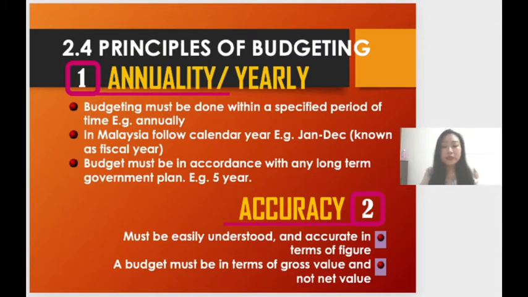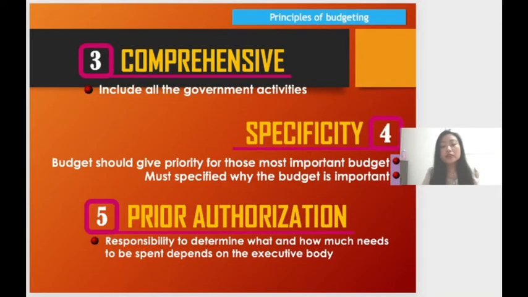And then the second one, accuracy. It must be easily understood and accurate in terms of figure or numbering, yeah. A budget must be in terms of gross value and not net value. The third one, comprehensive. It includes all the government activities.